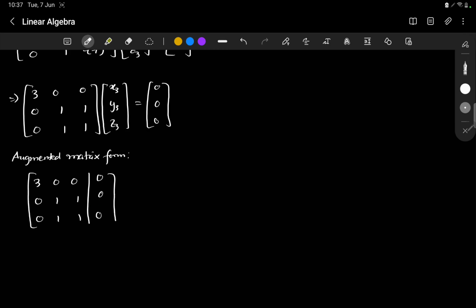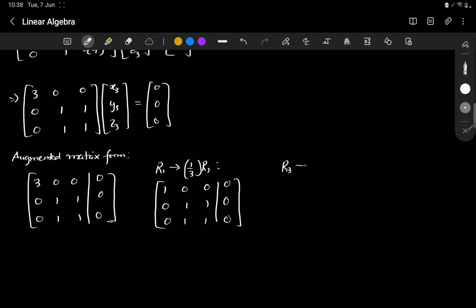And we will again apply row operations to solve this system of equations. So the first row operation is as follows. Then we'll operate on R3. So this is the reduced row echelon form.